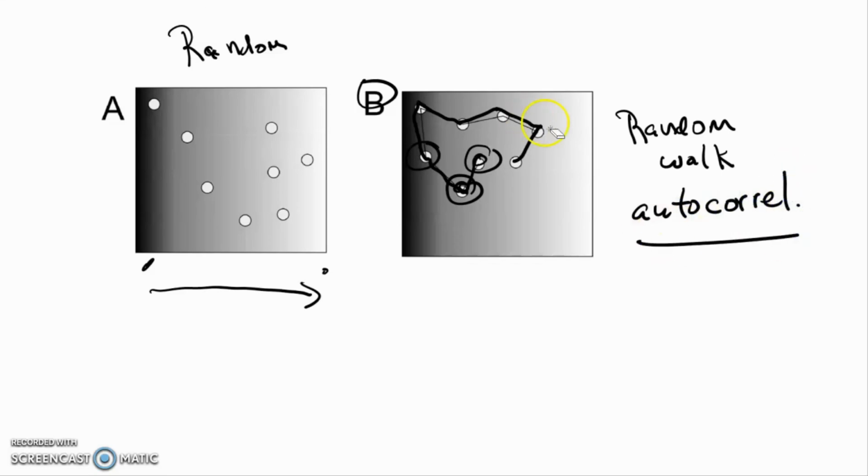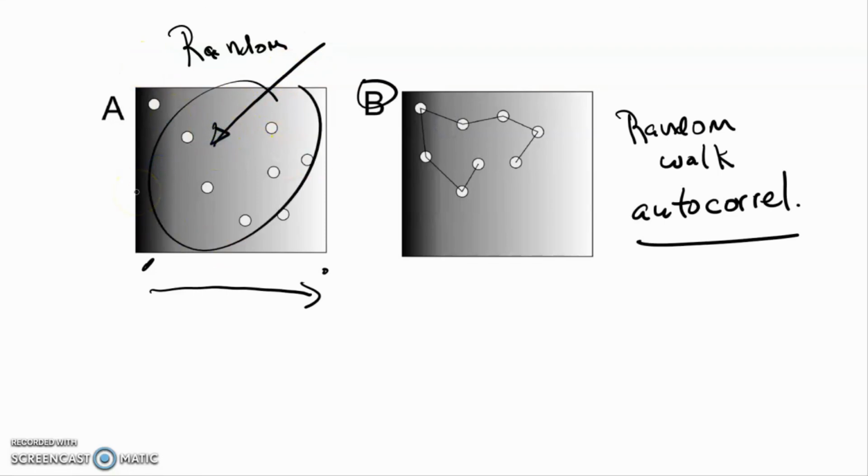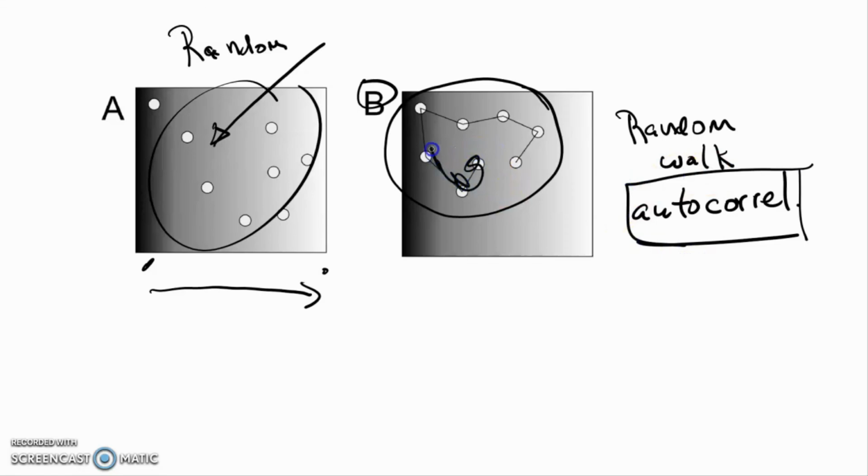And you can see why this would be a problem, because right here, you're sampling pretty much throughout the entire field. Whereas in this case, just because of chance, because you have this autocorrelation, it started off in this dark side and it lingered in this dark side. So you're not going to have a very efficient sampling method.